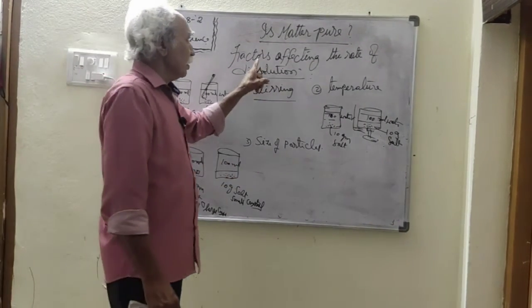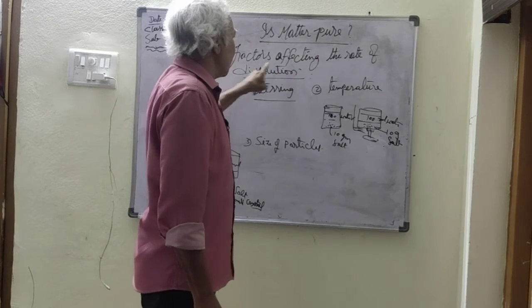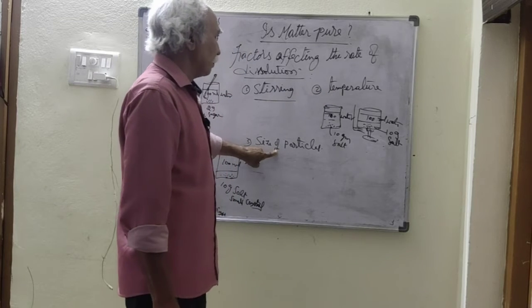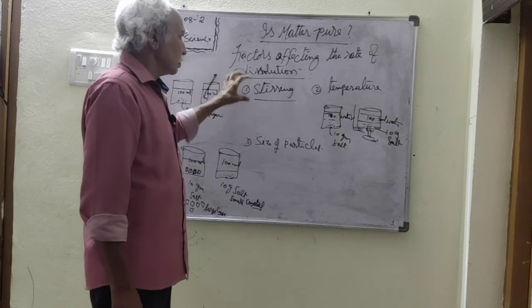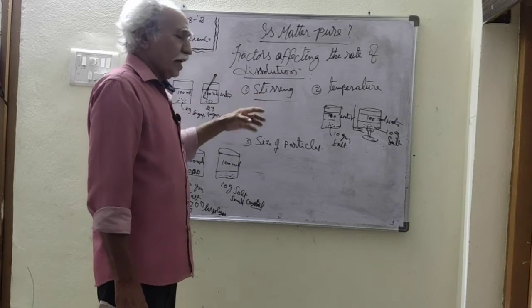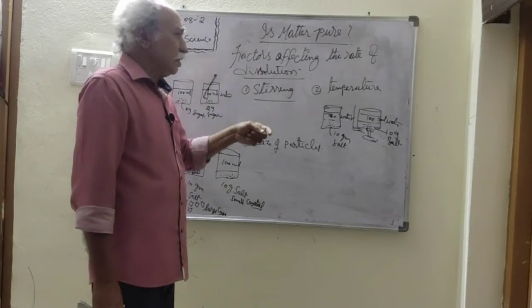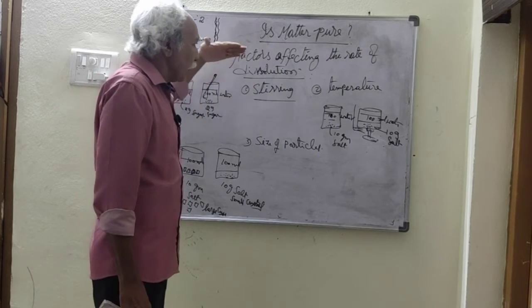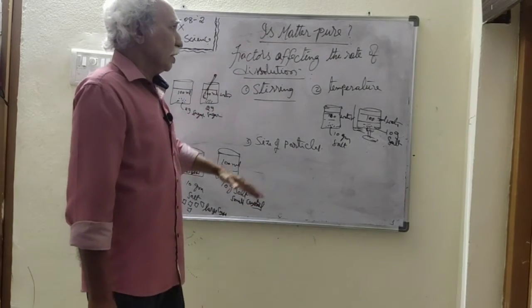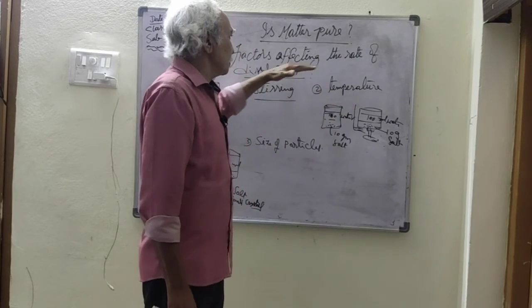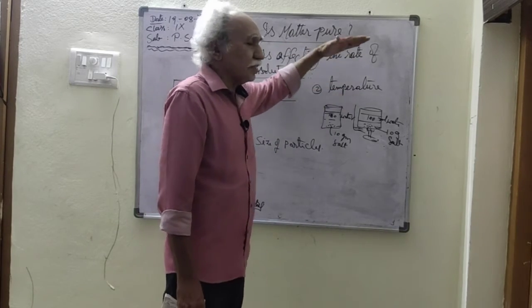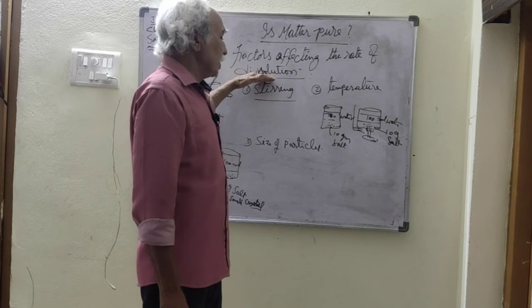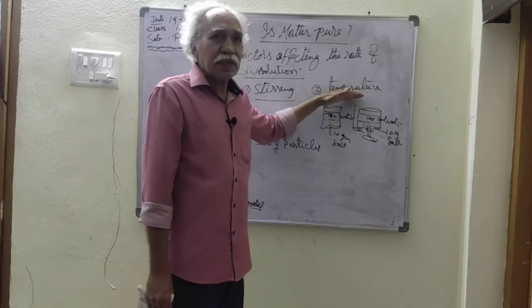Therefore, the factors affecting the rate of dissolution are three: stirring, temperature, and size of particles. How are they affecting? Stirring: as the stirring increases, the rate of dissolution increases. Second, the rate of dissolution increases on increasing the temperature.